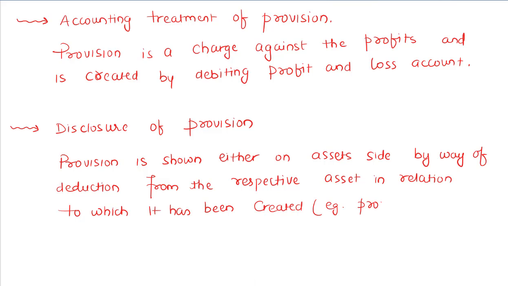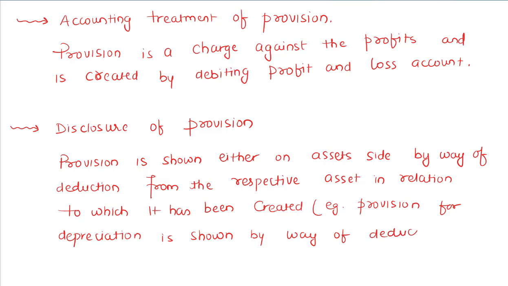Example, provision for depreciation is shown by way of deduction from the respective fixed assets.